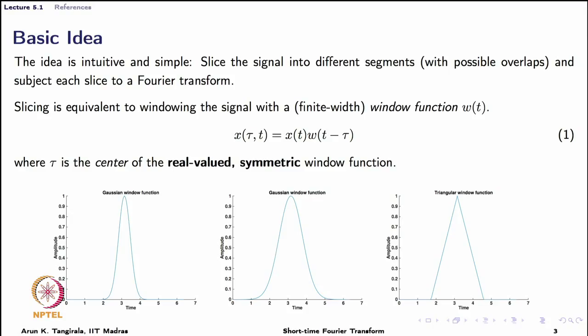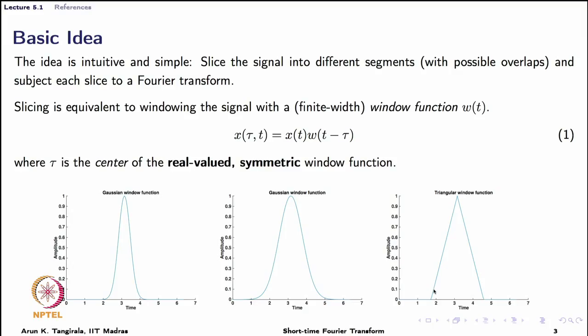If you look at the literature on window functions, you will find discussions on window functions both in the short time Fourier transform literature and more so in the Fourier transform literature, where the window functions are used to mitigate spectral leakage. Recall this concept that we discussed in the context of Fourier transforms. There you will find that these windows are preferred simply because of their smooth tapering at the beginning and end.